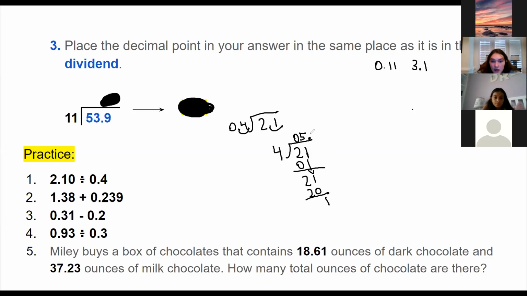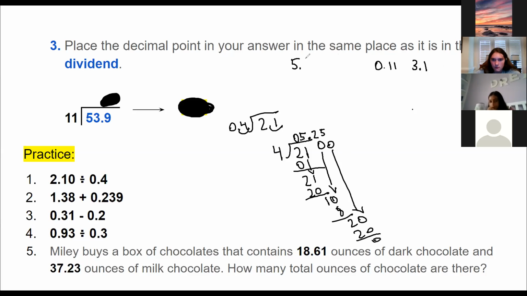The thing about decimals is that there are infinite zeros after it. It would really hurt your hand if you wrote a ton of zeros at the end, but with decimals, you can constantly pull zeros. So 4 goes into 10 2 times. And then if we pull another 0, 4 goes into 20 5 times. So it's 5.25 with remainder 0.